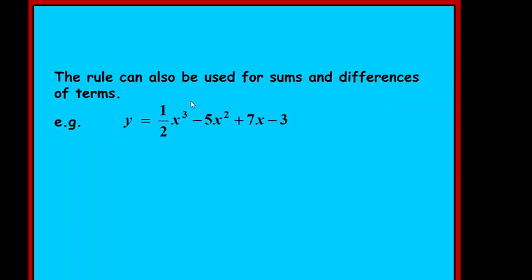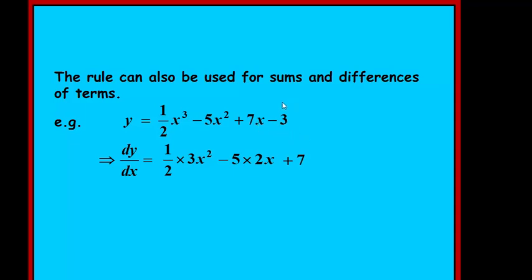We can also apply the same principle if we're adding different terms, in other words, for sums and differences of terms. We can do them all independently. So for the first one, half x cubed becomes 3x squared, for the x cubed times a half. 5x squared becomes 2x times 5. 7x just 7, or 7 times 1.